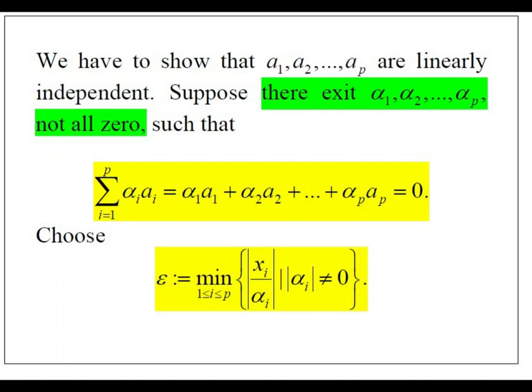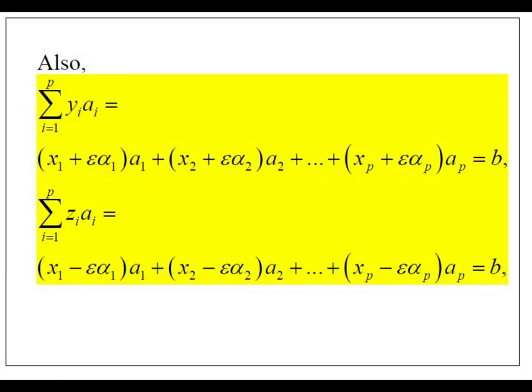Suppose there exist alpha 1, alpha 2 to alpha p, not all 0, such that summation alpha i ai, i equal to 1 to p, is equal to 0. Now choose epsilon as the minimum of mod xi upon mod alpha i such that alpha i is not equal to 0, for i from 1 to p.